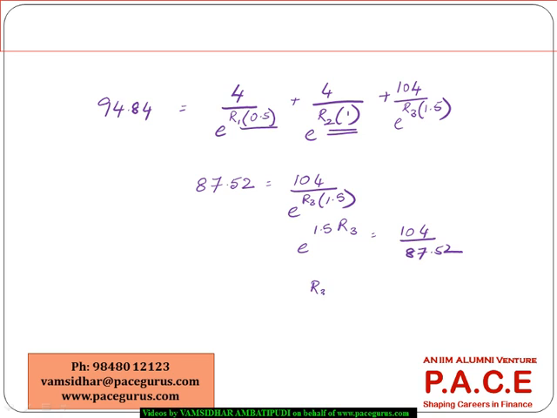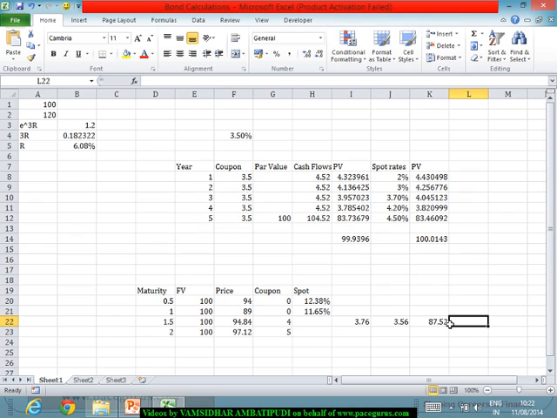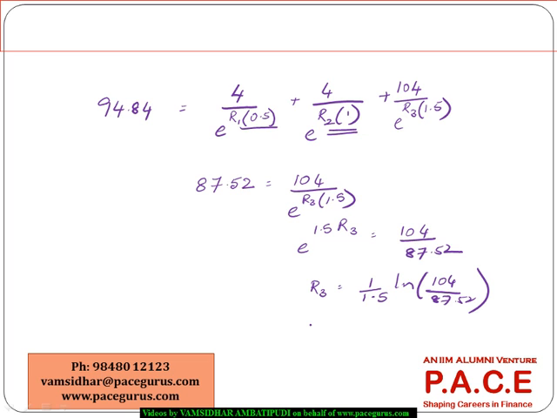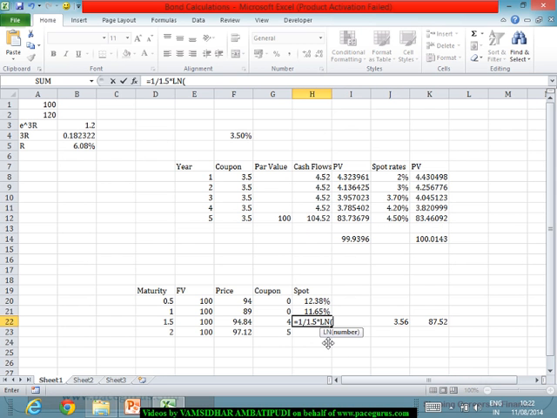So R3 will work out to 1 by 1.5 times log of 104 divided by 87.52.